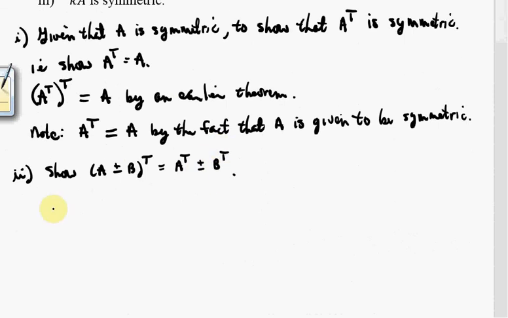So if we take this statement, we're trying to prove that. By definition, this is A transpose plus or minus B transpose. By definition.